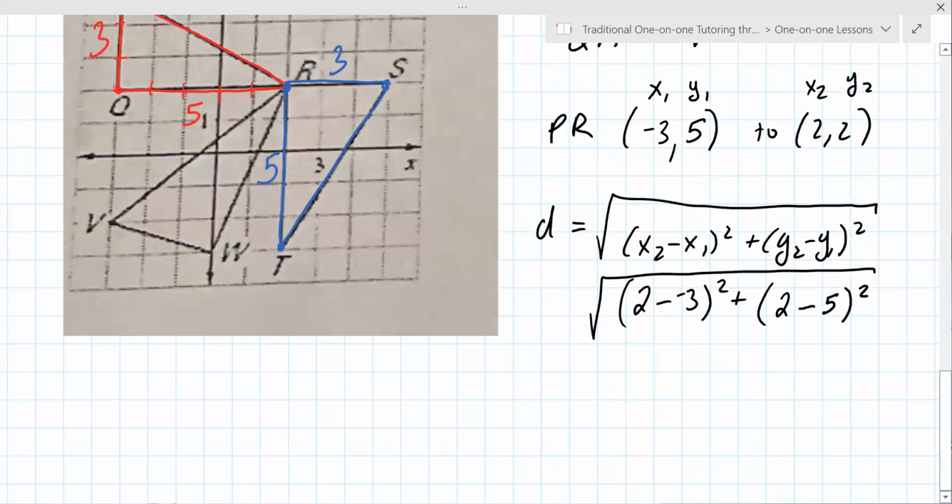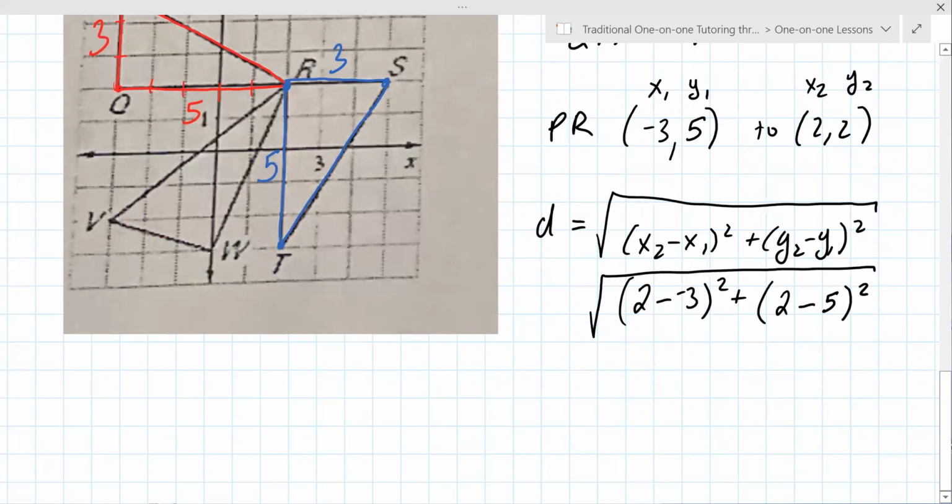So we have to simplify this. 2 minus -3 is +5, squared. Plus 2 minus 5 is -3 squared.